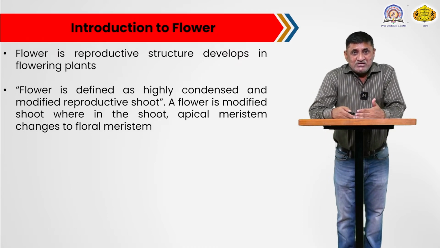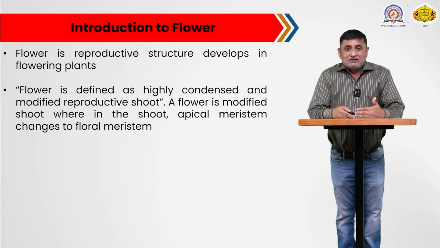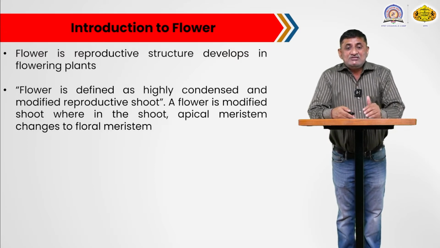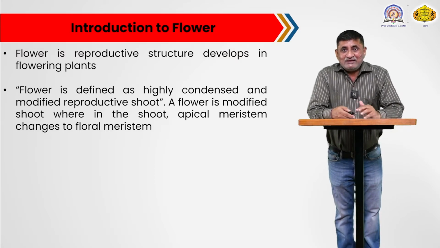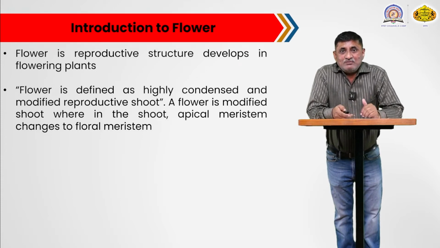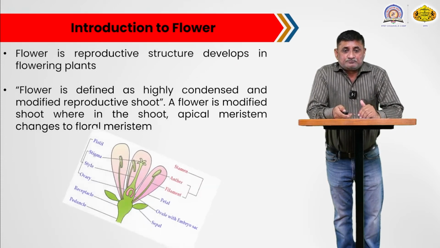This modification occurs because in the flower the shoot apical meristem changes to floral meristem, and these modifications take place for the purpose of reproduction.